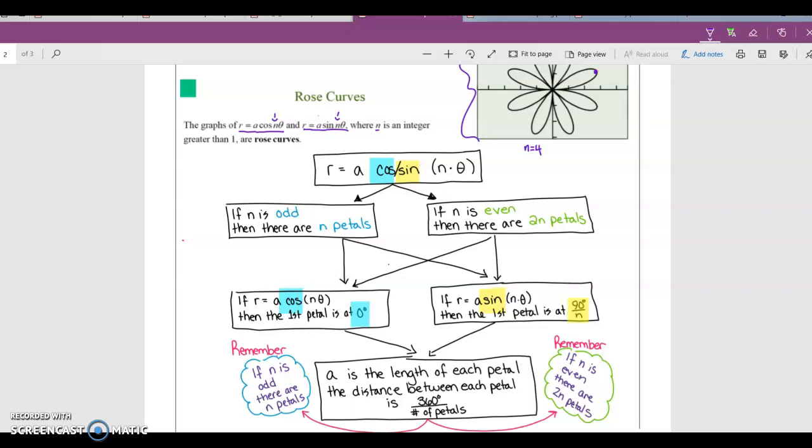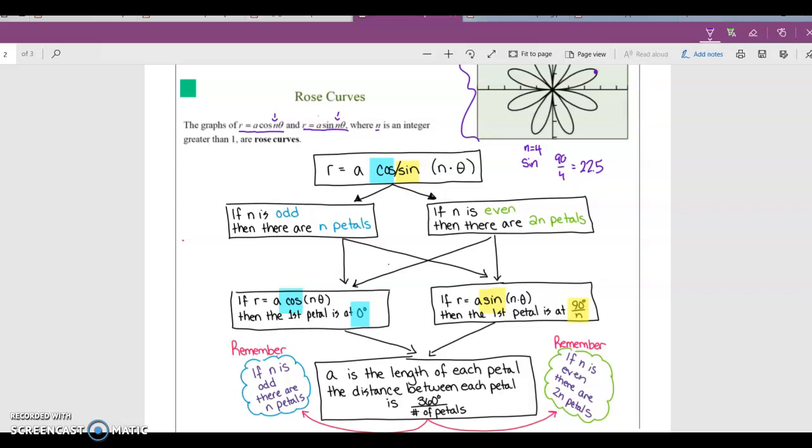In this case, we know that n is 4. We see that there isn't a petal on the x-axis, so that means that it's a sine function. And the first petal occurs at 90 divided by 4, which is 22.5.